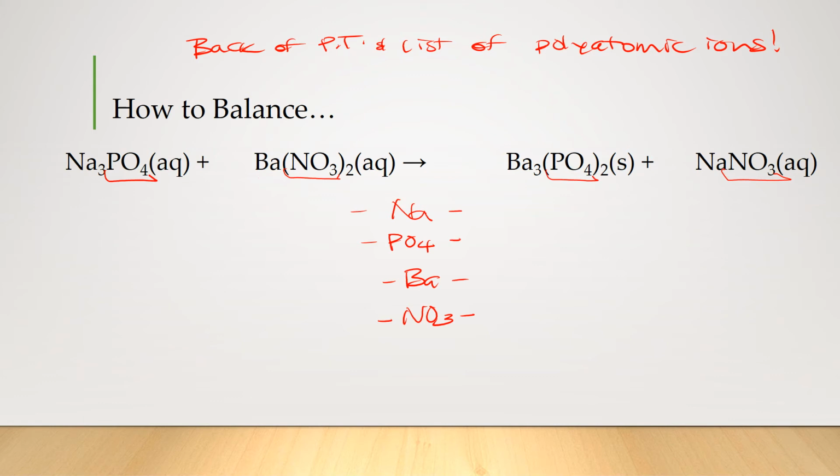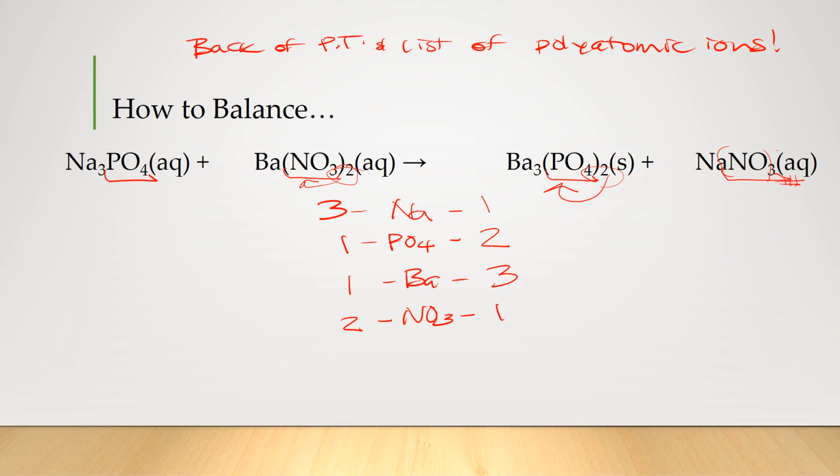So counting my elements on the left, on the reactant side, I have 3 sodium, 1 phosphate, 1 barium, and then look here, I have 2 nitrates. On the right, 3 barium, I got a 2 outside of my phosphate, 1 sodium, and then because NO3 is not in parentheses and there's not another little number here, I have 1 NO3.